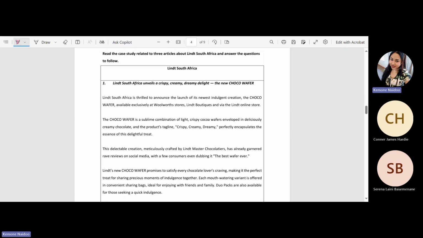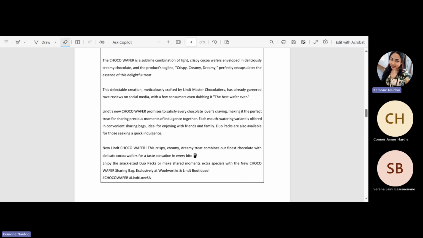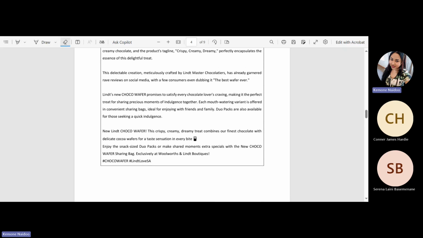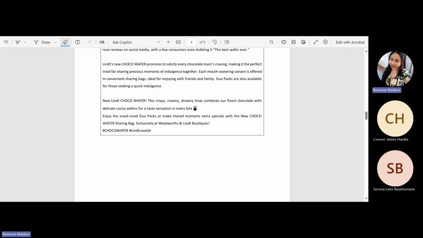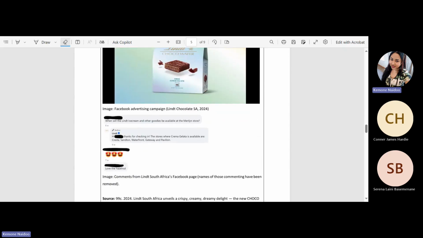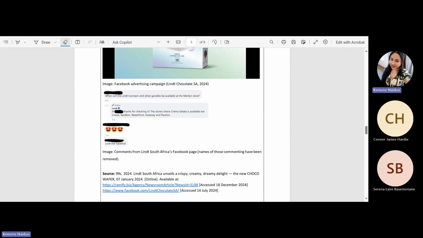Okay, so here is your case study that you have. So you have a nice long case study based on Lindt, South Africa. It is quite long, but read the case study because it has lots of good information. Maybe highlight some things that you think are important. Pay attention to these little Facebook snippets as well, because that also becomes important in your assignment.